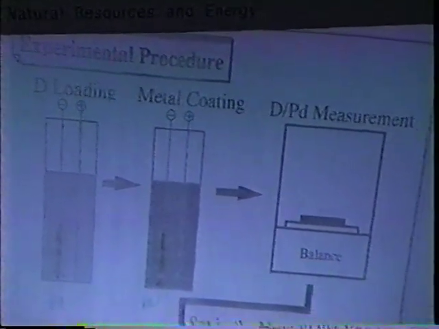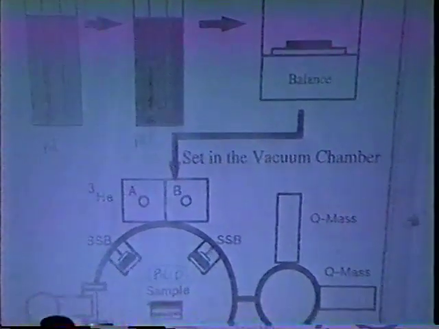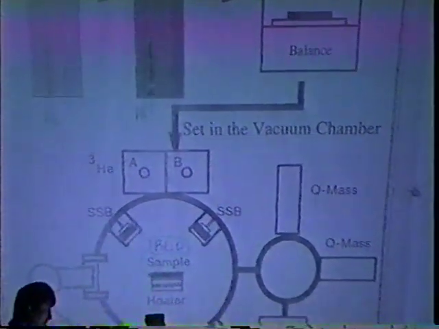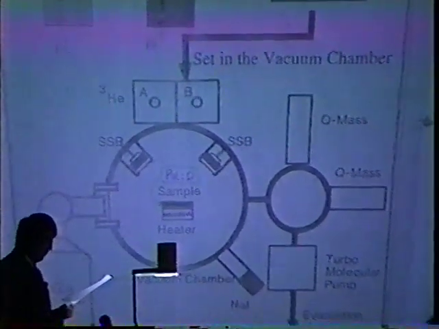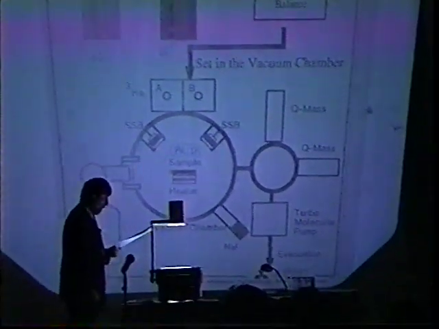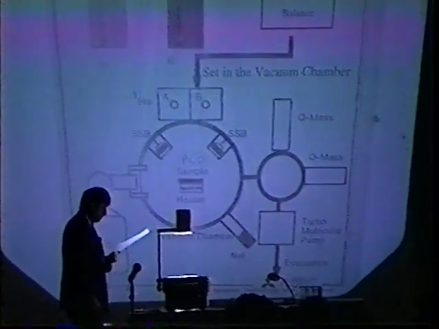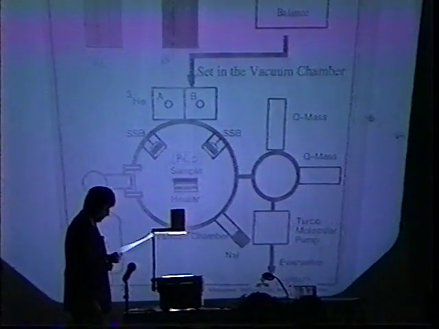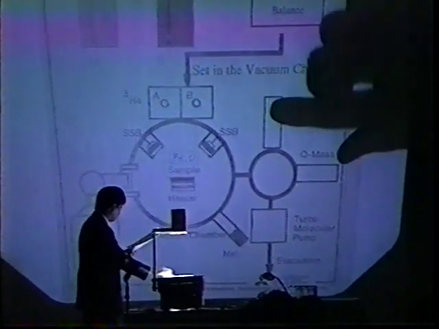The gas release experiment is as follows. A palladium is electrochemically loaded like this, and after that we heated the deuterated palladium up to 180 degrees to release the absorbed gas under vacuum condition. We detected mass number 5 gas using a mass spectrometer.